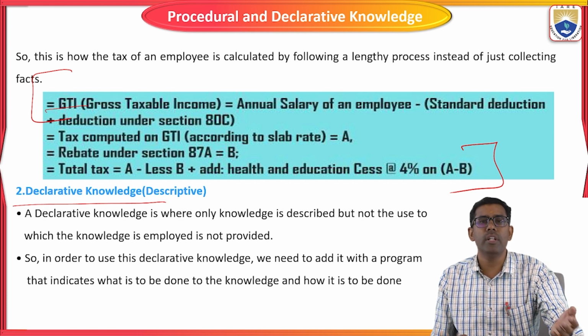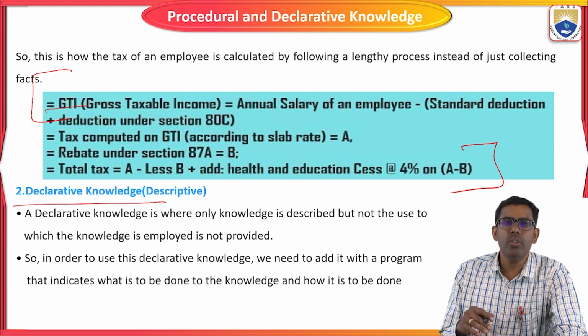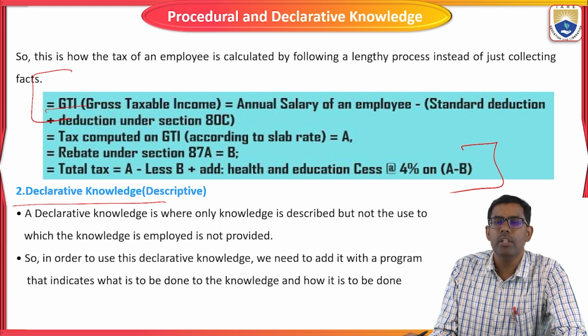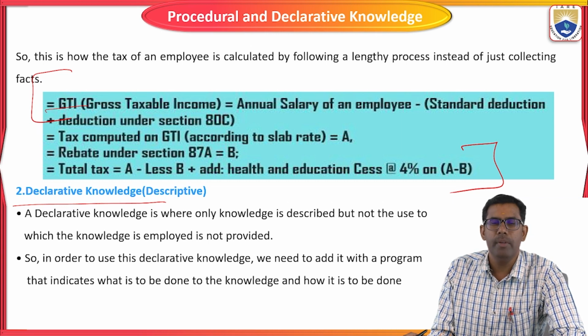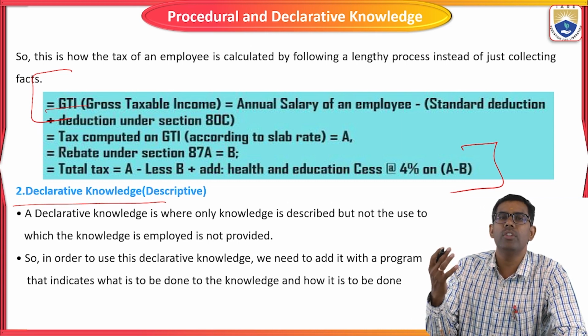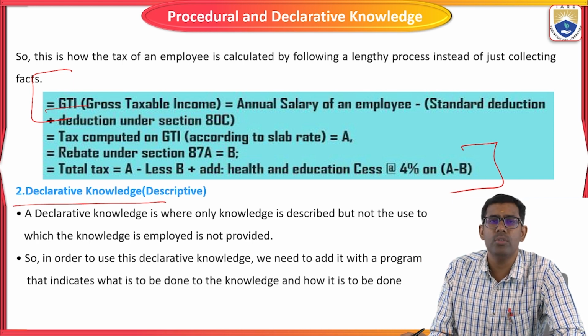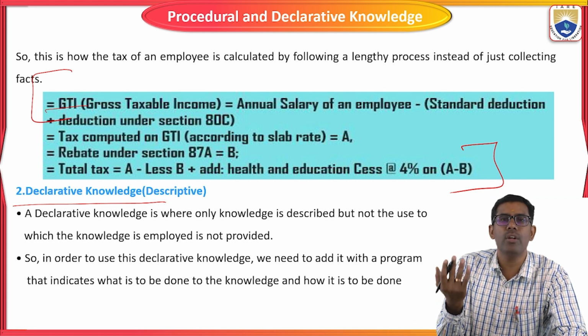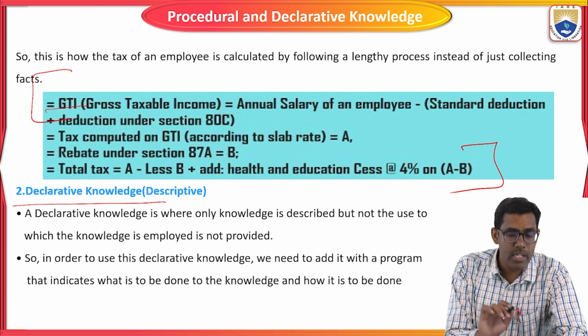Generally we say we are going to calculate the income tax based on your annual salary. If the annual salary is 10 lakhs, approximately they will tell you to pay 1 lakh or 1.5 lakhs based on your annual income. Generally they give a statement like that, and that is declarative knowledge.